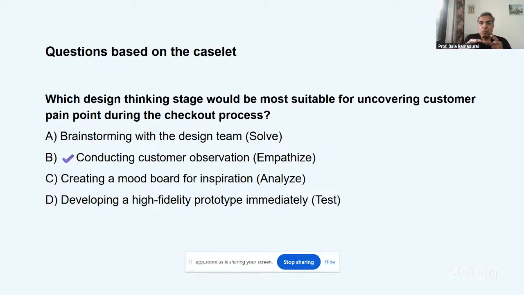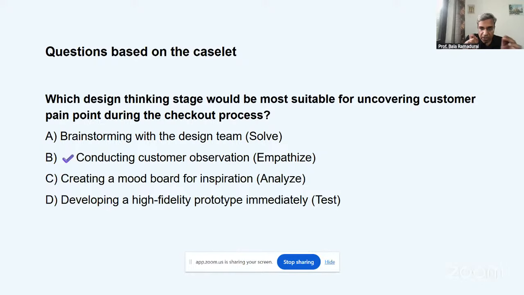And when we are back to making things with our hands, with a computer, we're making it so that we can go back to the user. That's what we do in test, right? So we can take a prototype and go back to the user. We're readying ourselves to do that. That's in test. So look out for words like these, which give you a hint on what stage we are in.